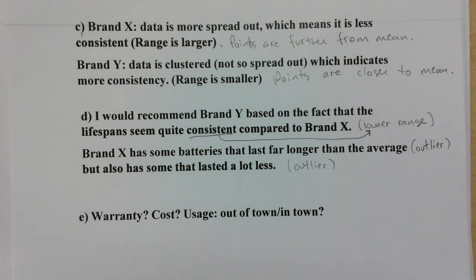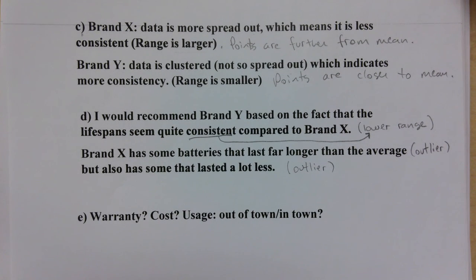What are you going to use it for? Is it going to be outdoors or indoors? I would base it on how easy it is to return, right? That's just real life comparison. As a wise consumer, that's what would factor into all of that, right? So keep that in mind. I'm hoping you're writing this down.